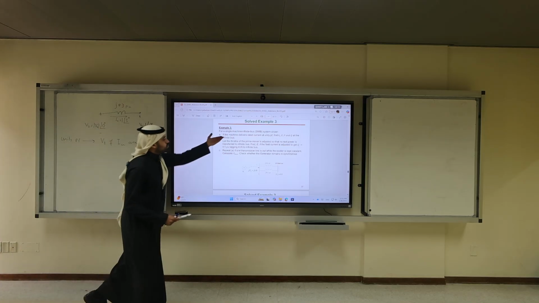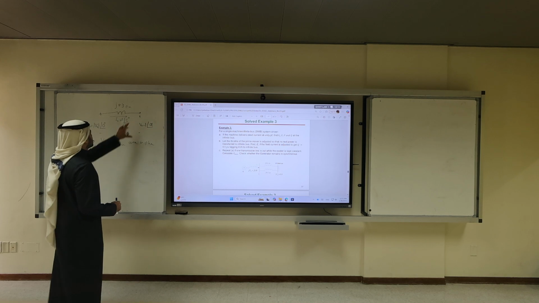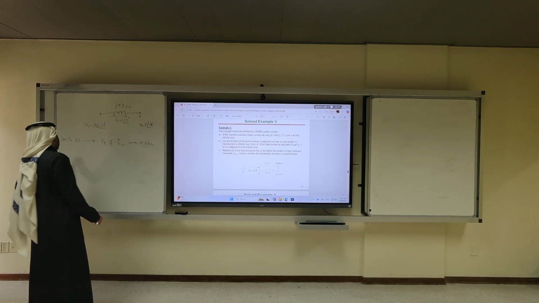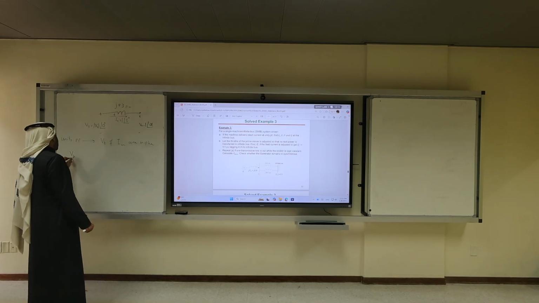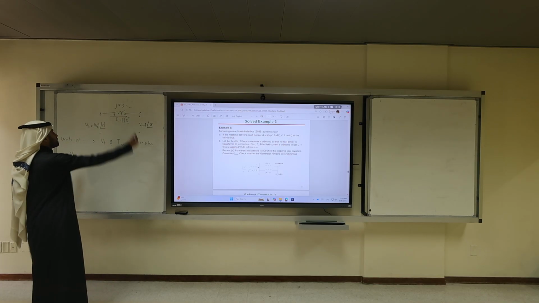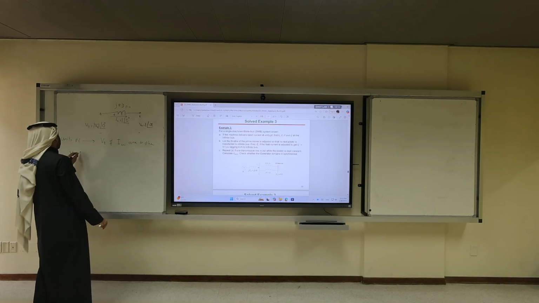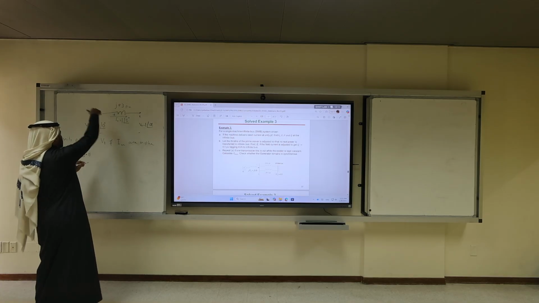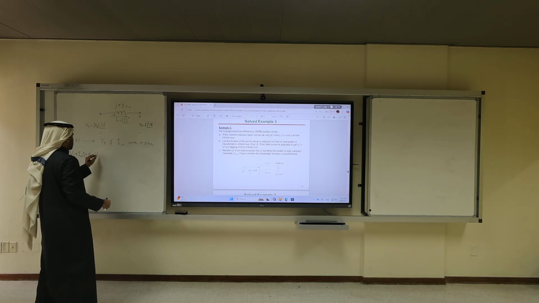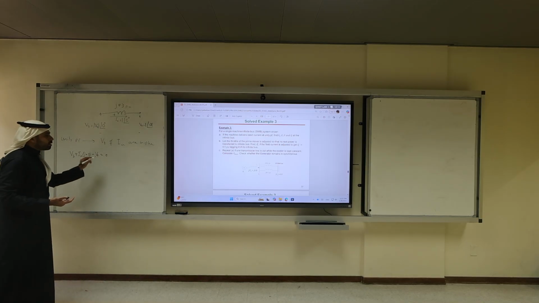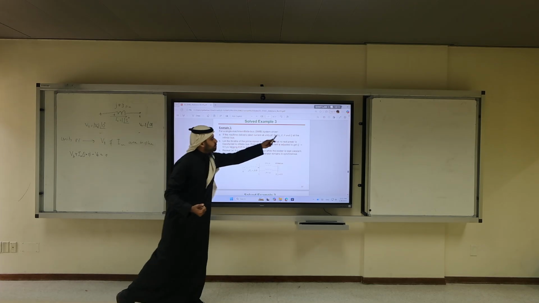So let's do the simple KVL. This is a voltage rise or voltage drop? This is a voltage drop, so we can say VB voltage rise, if you want to do the KVL here, plus j0.3 minus VT equals 0. What are you looking for? You're looking to calculate VT.